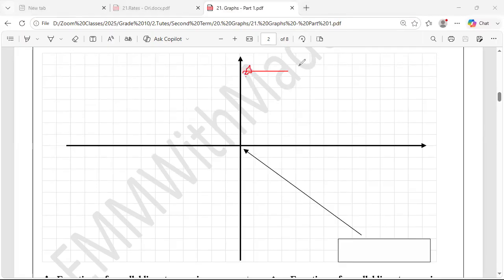This vertical axis is called the y-axis. This horizontal axis is called the x-axis. Those are the basic things.